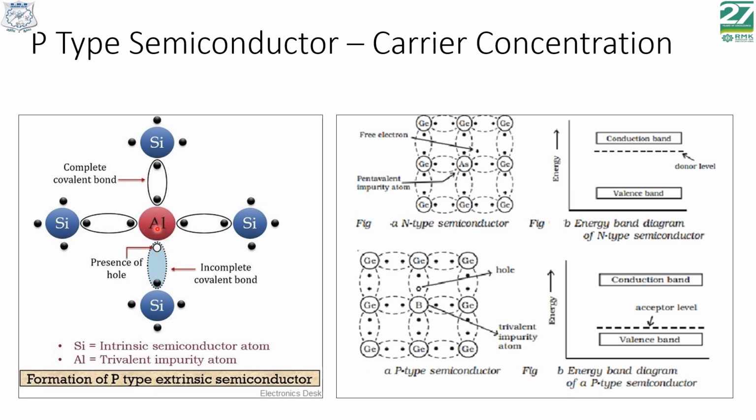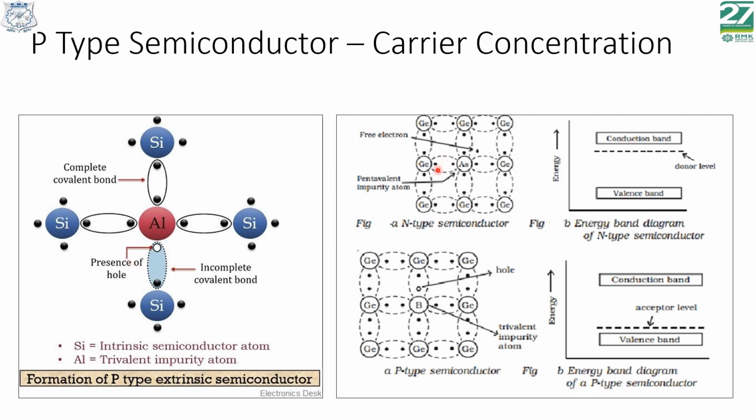So every impurity is responsible for creating such a vacancy. Now this will be filled by some electron from some other position, creating a hole there. So every impurity atom is responsible for creating a hole, thereby making holes the majority carriers and electrons the minority carriers.